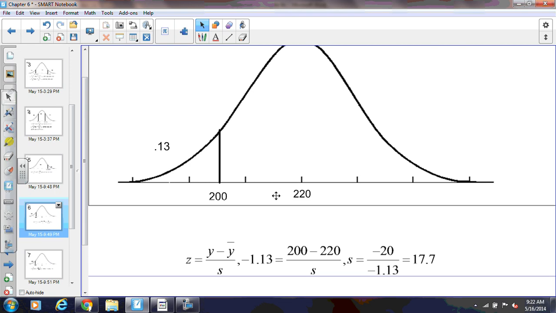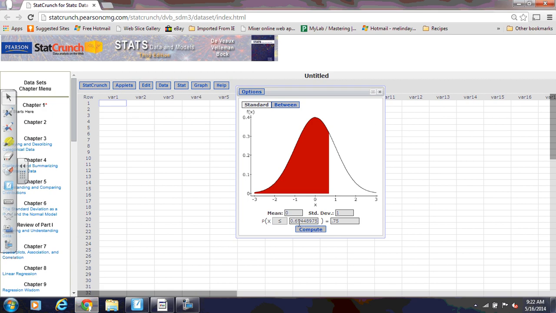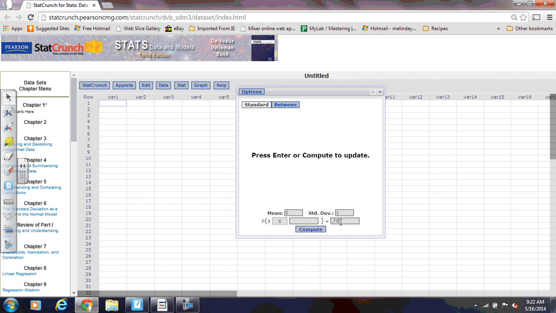All right, so we know that our mean is 220. We know our value of y is 200. And we know that this area less than 200 is 0.13. What we need to do is find that z-score that corresponds to this value of 0.13. So again, we're still using the standard normal curve, and we're entering 0.13.